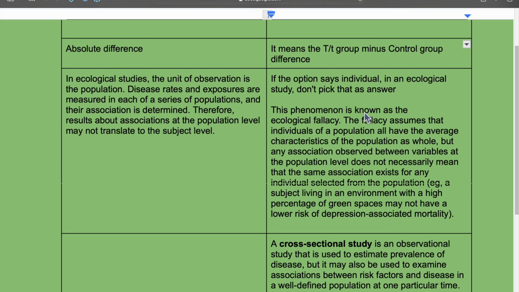This phenomenon is known as ecological fallacy. The fallacy assumes that the individuals of a population all have the average characteristics of the population as a whole. But any association observed between variables at the population level does not necessarily mean that the same association exists for any individual selected from the population. For example, a subject living in an environment with a high percentage of green spaces may not have a lower risk of depression-associated mortality. Okay.